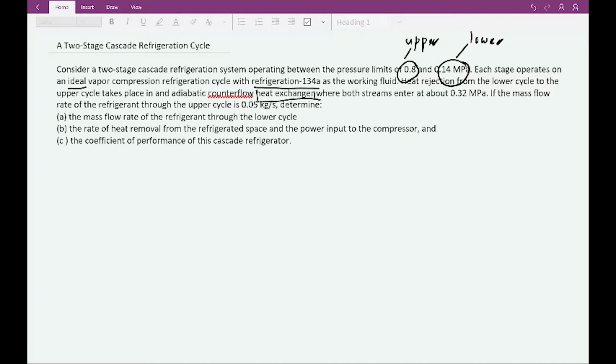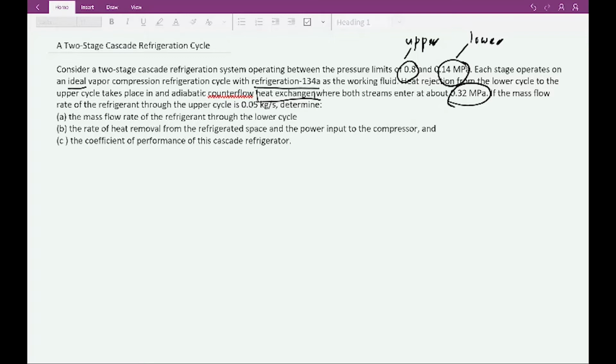Here it states both streams enter the heat exchanger at about 0.32 megapascal. So this 0.32 megapascal is the intermediate pressure where the heat exchanger operates.